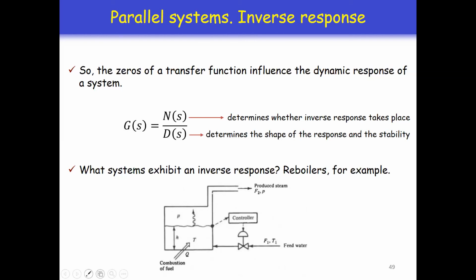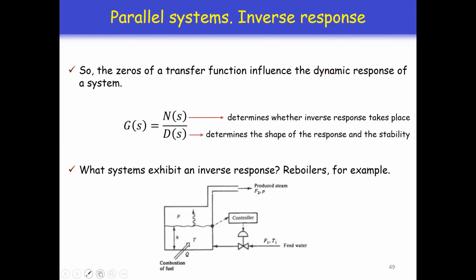Why is that? It's true that in an absolute sense, you are feeding more cold liquid to the system. However, the temperature in the reboiler drum will, for a few seconds, decrease. And so some vapor bubbles that are entrained in the liquid will disappear.